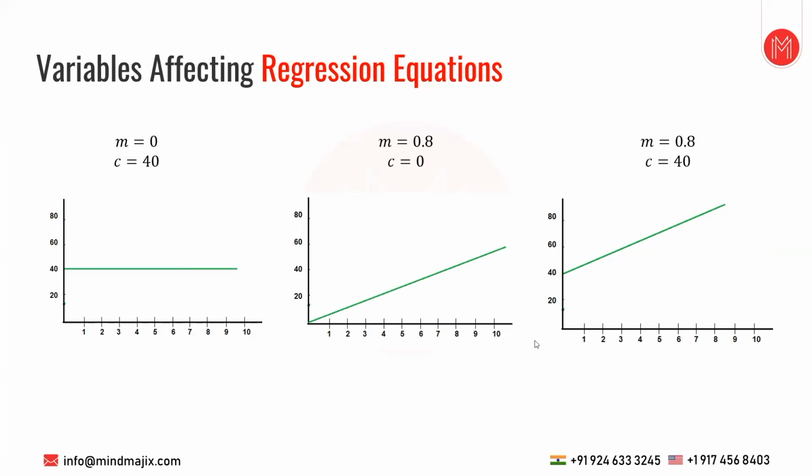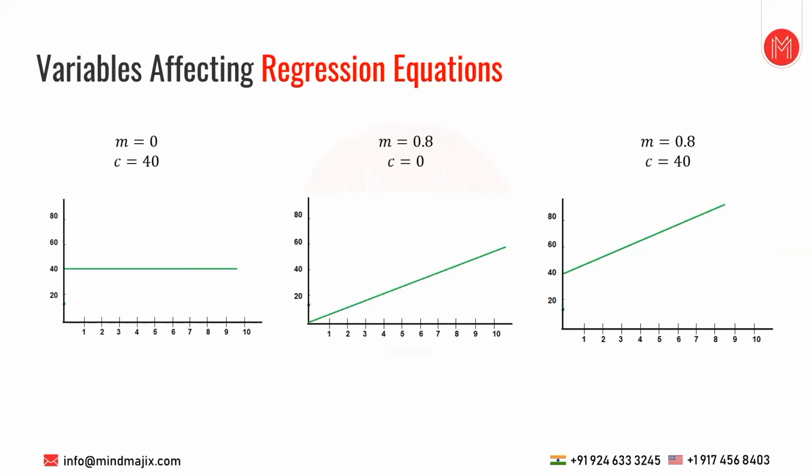I hope you can get an idea of how it should run over the third diagram. Whenever we talk about the third diagram, again y = mx + c. Here m is also present and c is also present. If you combine the values we get from the first one, it should start from 40 and complete till 100, because it is a combination of the first diagram and the second diagram.